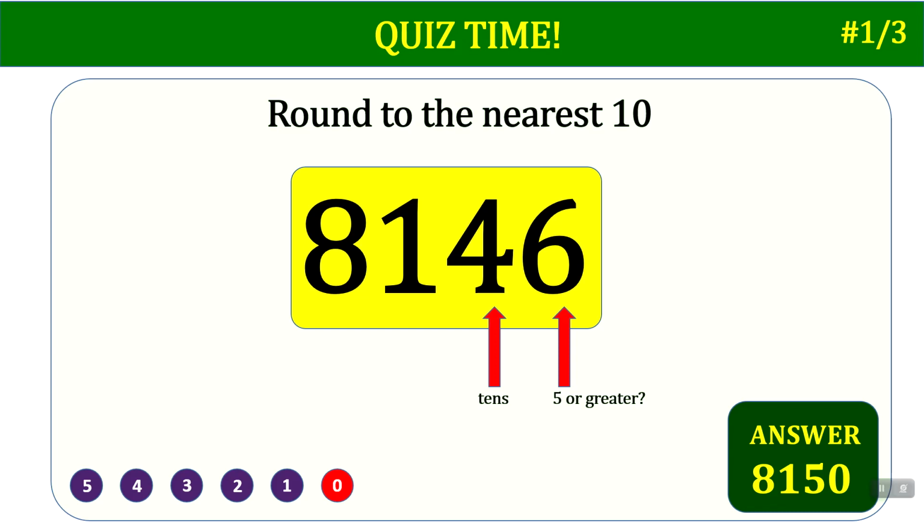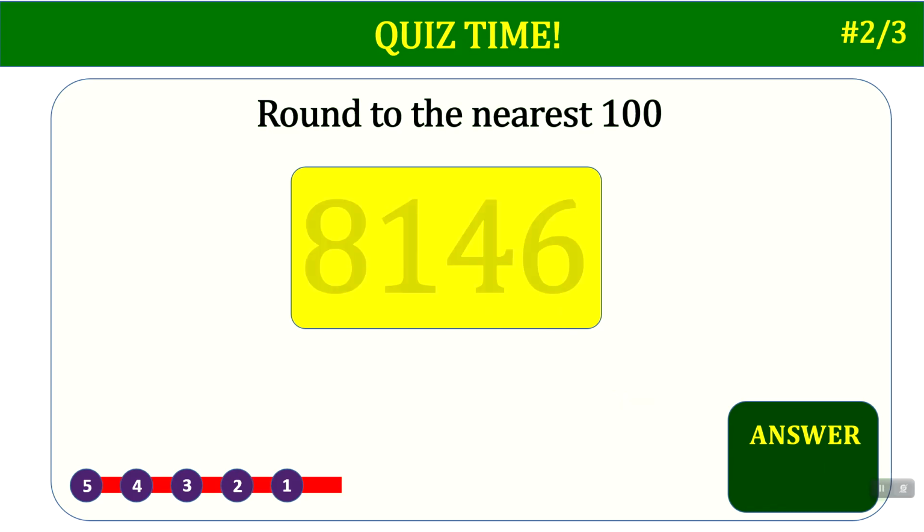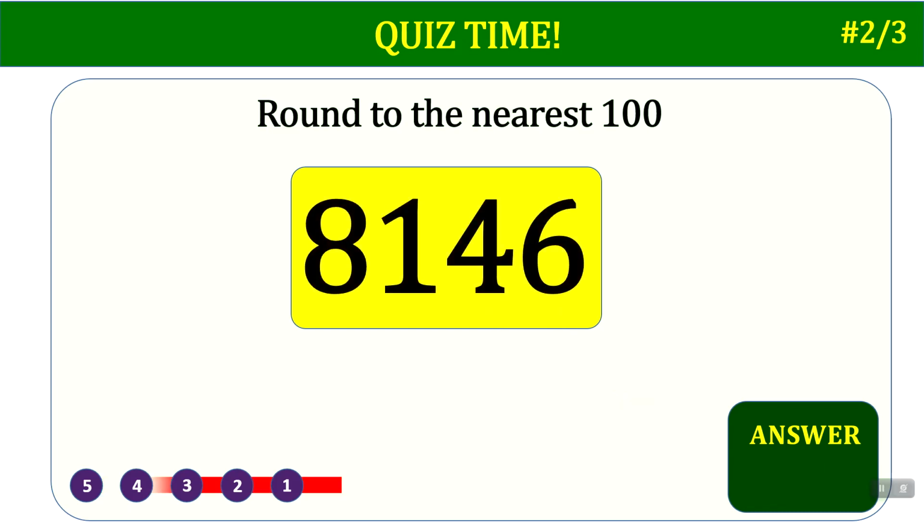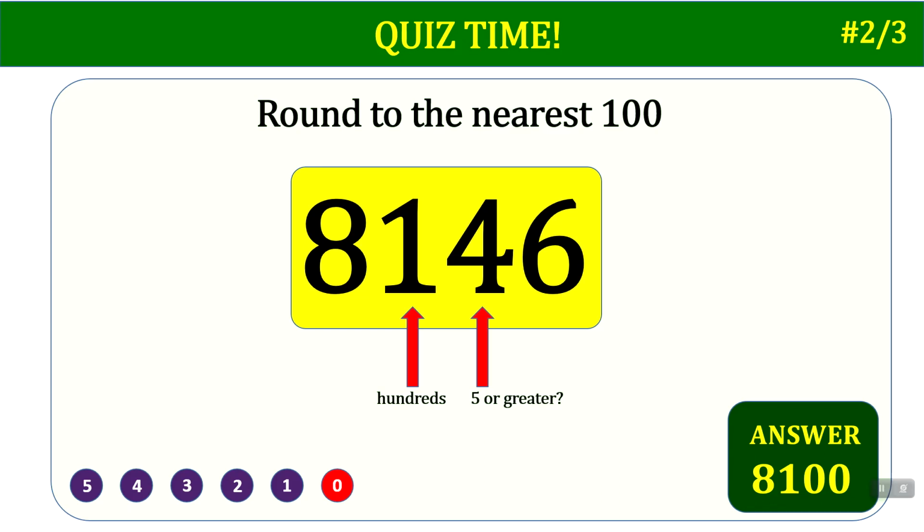Now let's round that same number to the nearest 100. Time's up. The answer is 8,100. If we're rounding to the nearest 100, we look in the hundreds column, there's a 1. And to the right is a 4, which means we round down to 8,100.